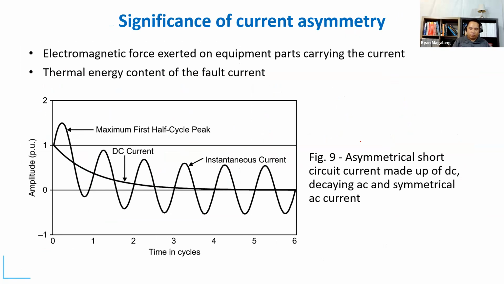We need to account for the peak magnitude, because like I said, the DC part added up would create a much higher fault magnitude, and that influences, of course, your thermal energy, which will be higher for one, and then the electromagnetic forces exerted on the mechanical parts of, let's say, your panel.